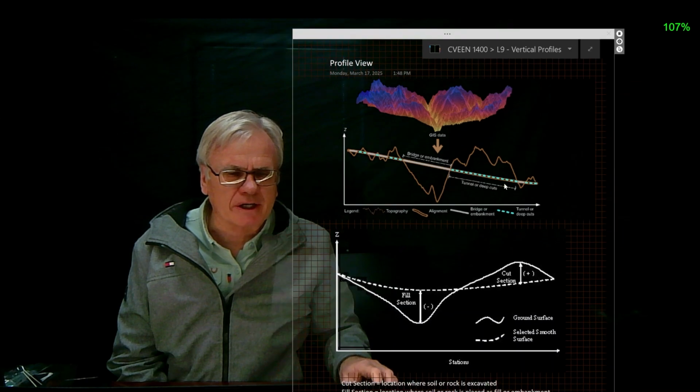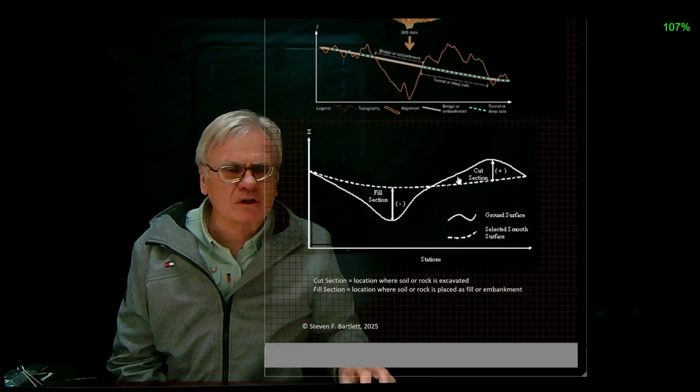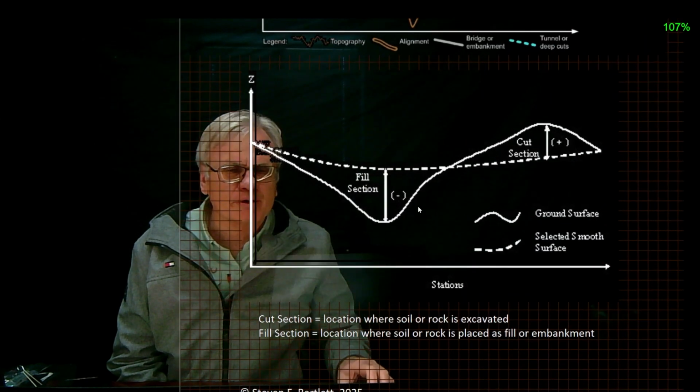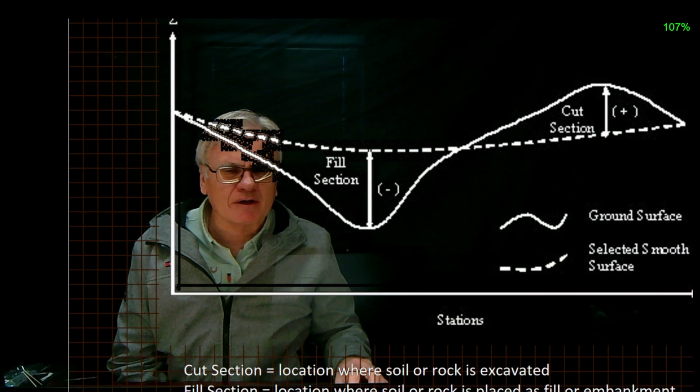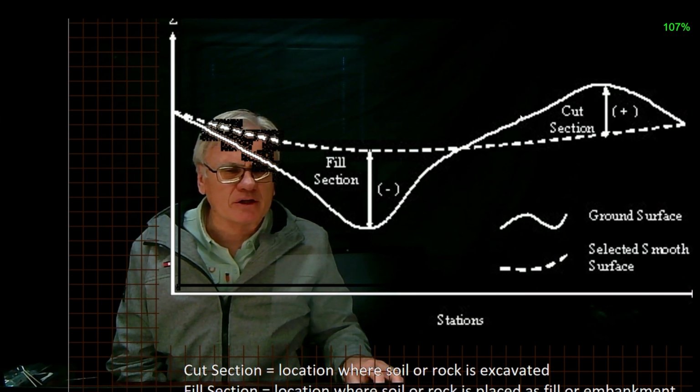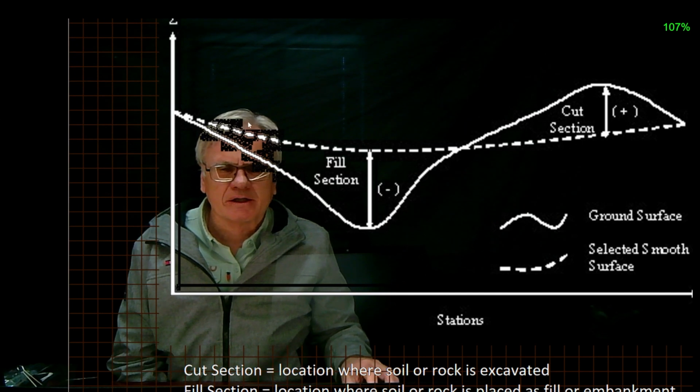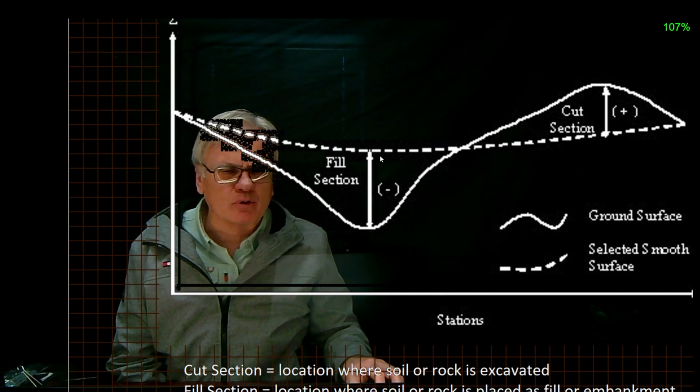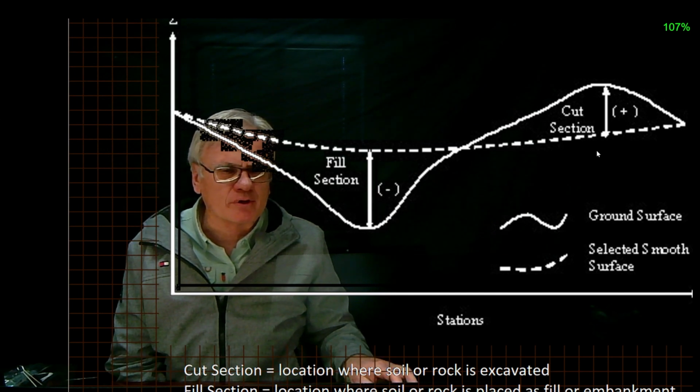Another nomenclature I want you to be familiar with is, let's say we have an existing topographical line here shown by the solid white line. Let the dashed line be the proposed maybe alignment in vertical section again.